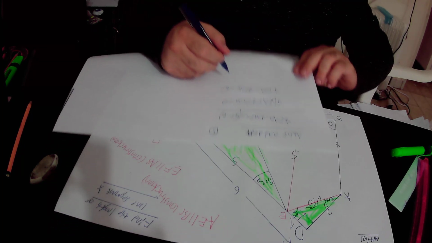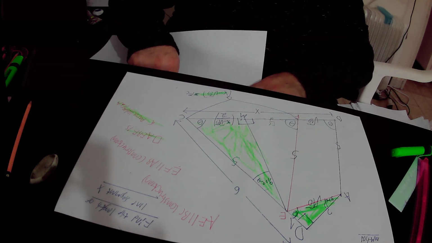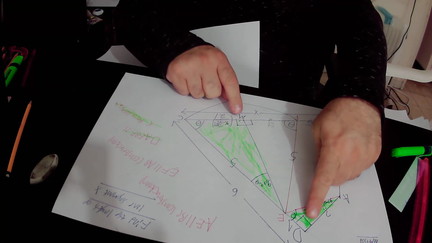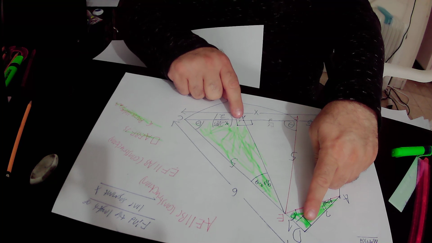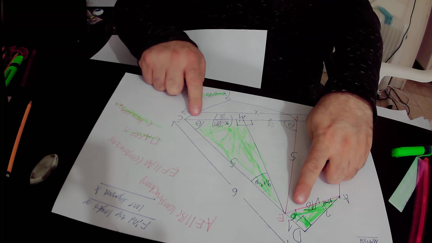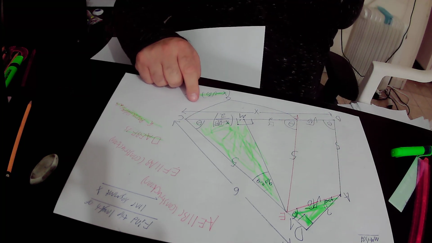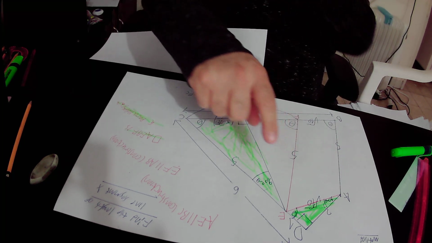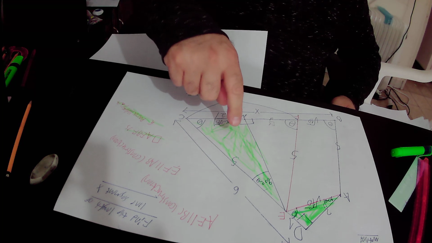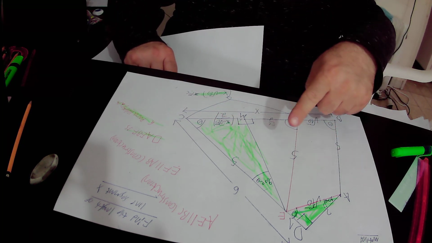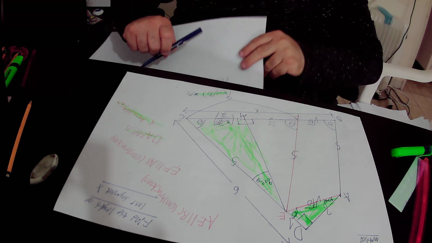So all the angles of triangle ADE are equal to all the angles of triangle EMC. Therefore, triangle ADE is similar to triangle EMC according to the angle similarity rule.